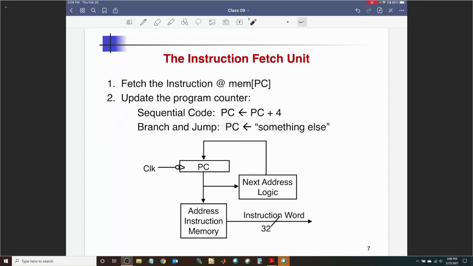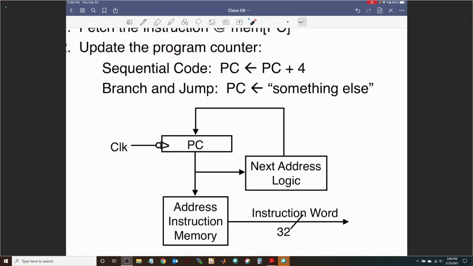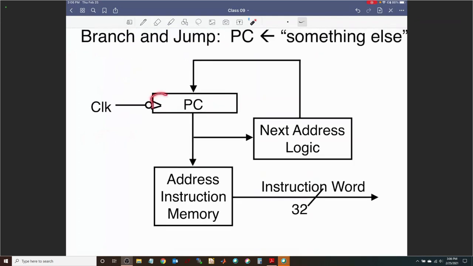Those are the only two options that we have. Either you do PC plus 4 or you do PC plus 4 plus something else, and that's what you would update the PC with. That's your instruction fetch. So what does that mean? You have your program counter, which is a register, so it's clocked.